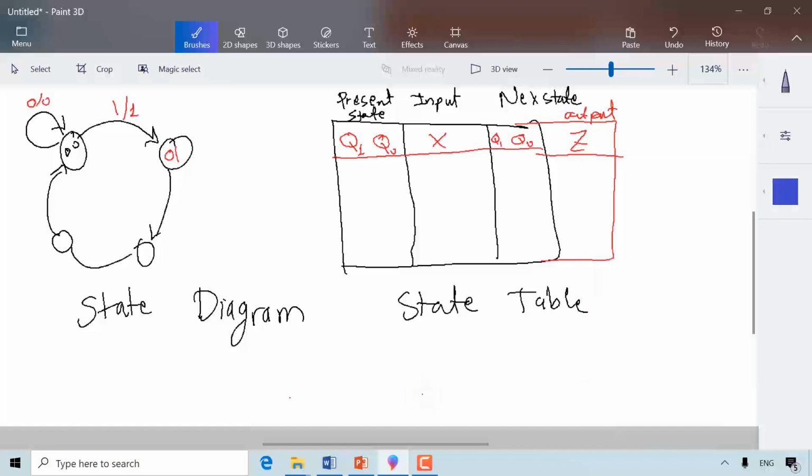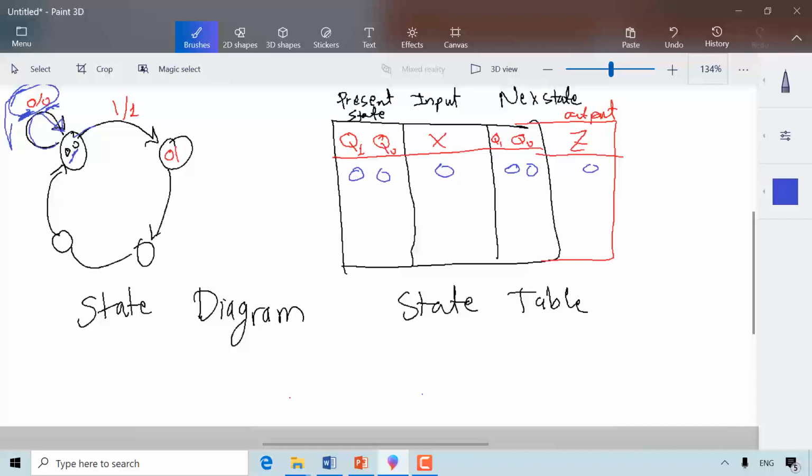Now let's read. This one here means that when I am in present state 0, 0 and the input is 0, my output will be 0, and my next state will be 0, 0, because I'm making this arc.